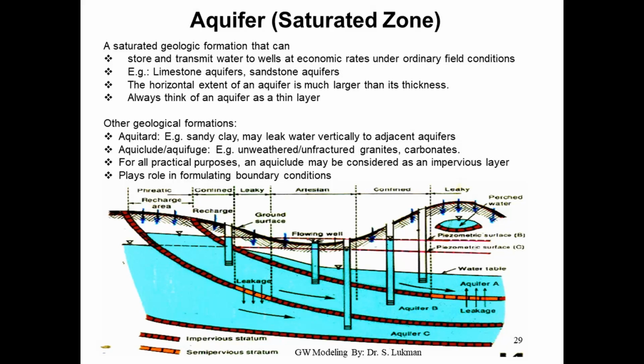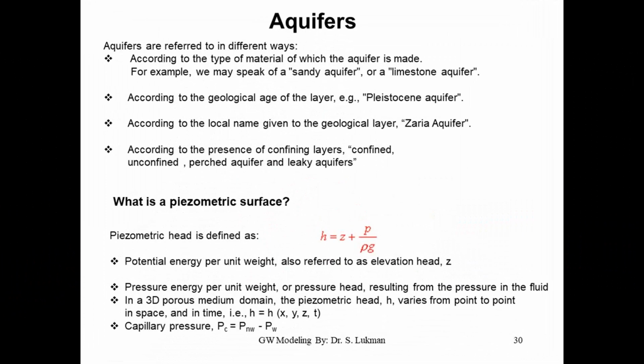Over time, due to wind action, water action, and so on, they get transformed into different types of soils, be it clay, silt, gravel, and so on. All these constitute the solid matrix of the porous media or of the aquifer. So they can be classified based on the particular geologic formation present.